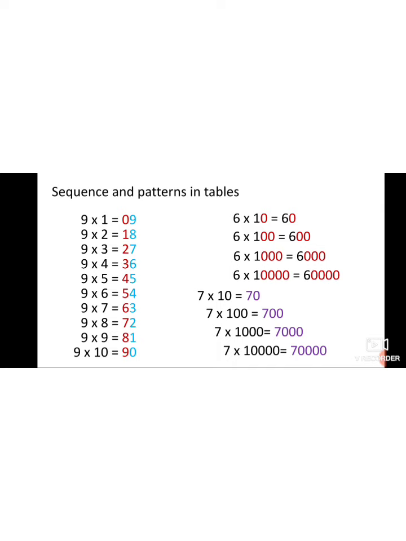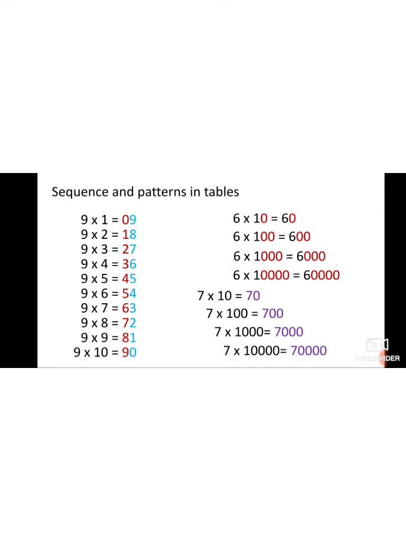Same way with numbers being multiplied by tens. 6 multiplied by 10 is 60, 6 multiplied by 100 is 600. 6 multiplied by 1000 is 6000. 6 multiplied by 10,000 is 60,000. So all you have to do is, 1 zero here, 1 zero there, 2 zeros here, 2 zeros there.